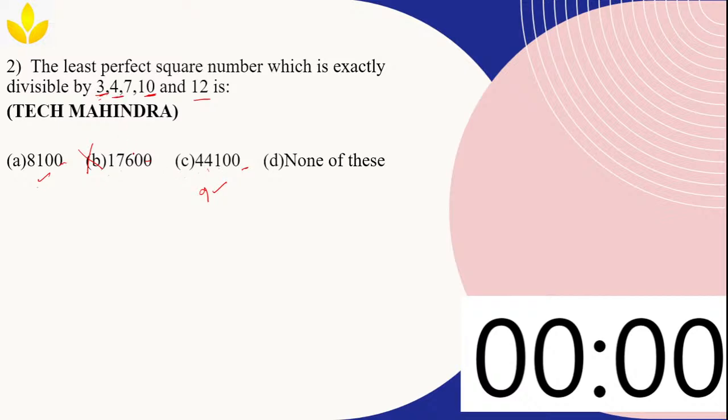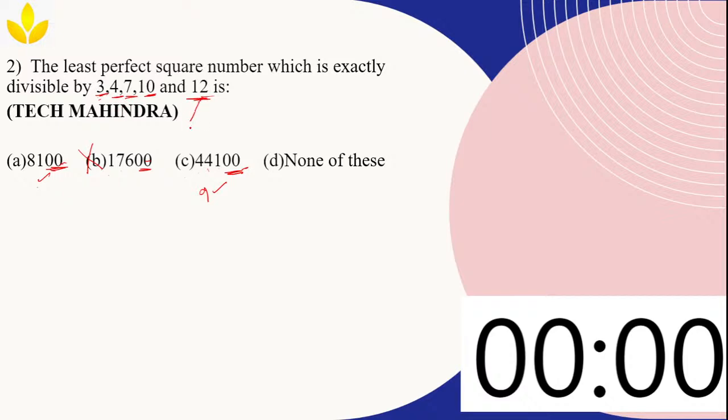Now let us check the divisibility rule for 4. For 4 we check the last two digits, but here all the last two digits are 0, 0, so all of them are divisible by 4 as well. Next we have to check for 7 and 12. For 12, I will tell you the rule.